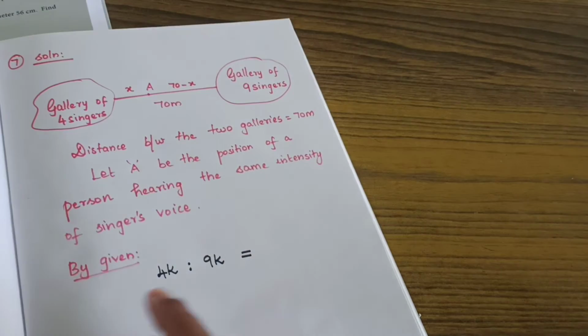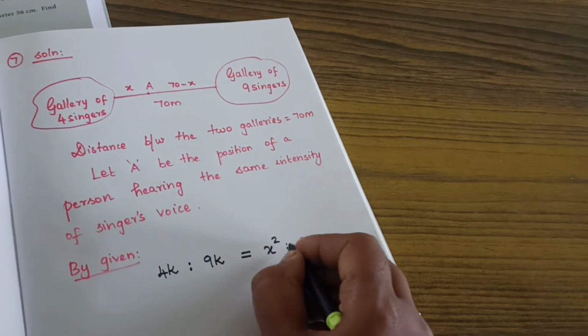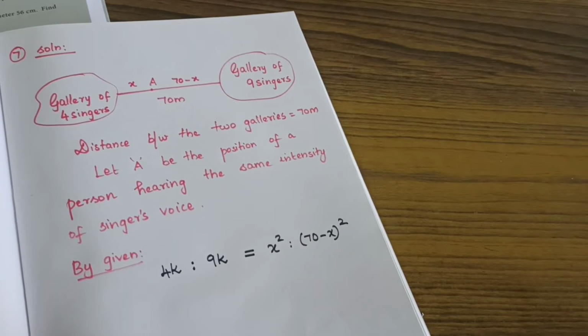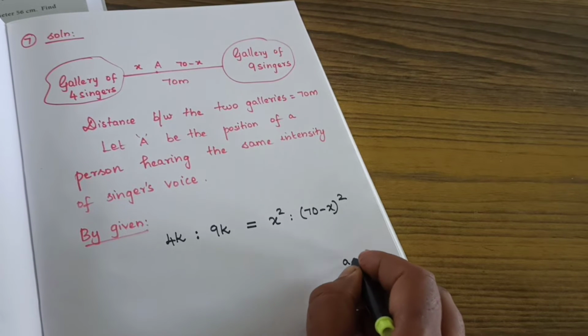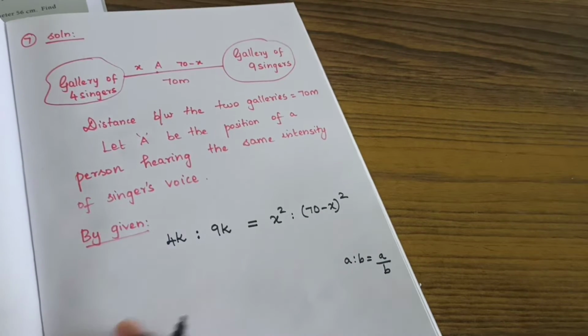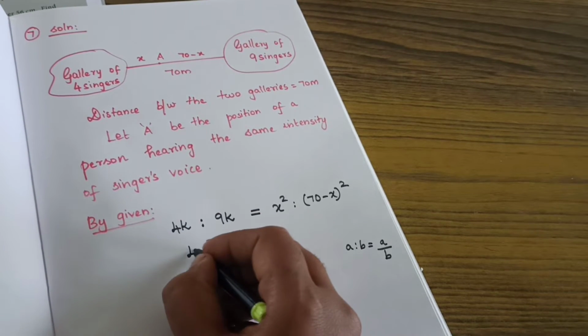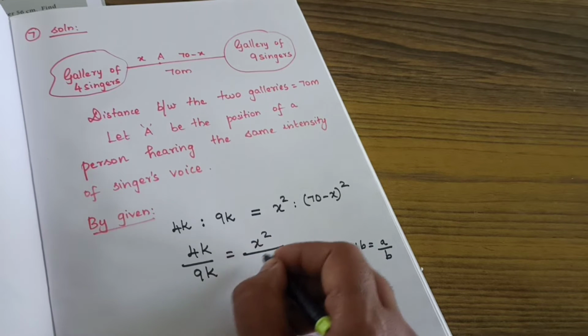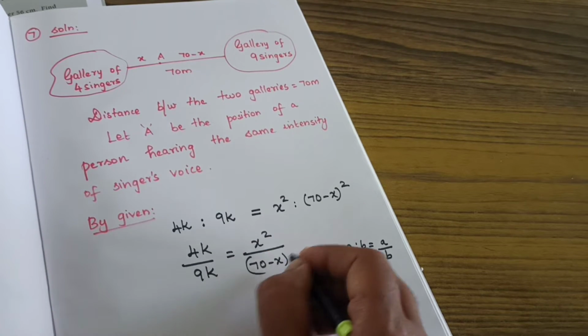What is the corresponding distance? x square is to 70 minus x the whole square. Now A is to B, how will you write it in fraction form? A by B. So 4k by 9k is equal to x square by 70 minus x the whole square.